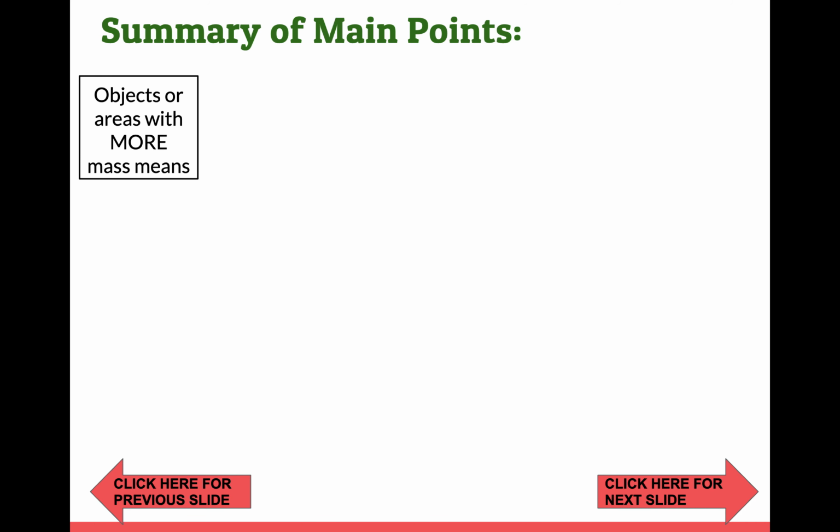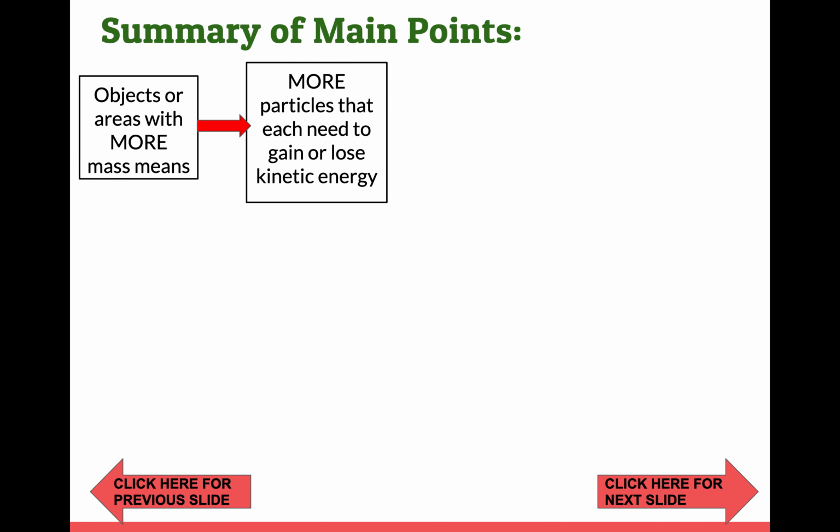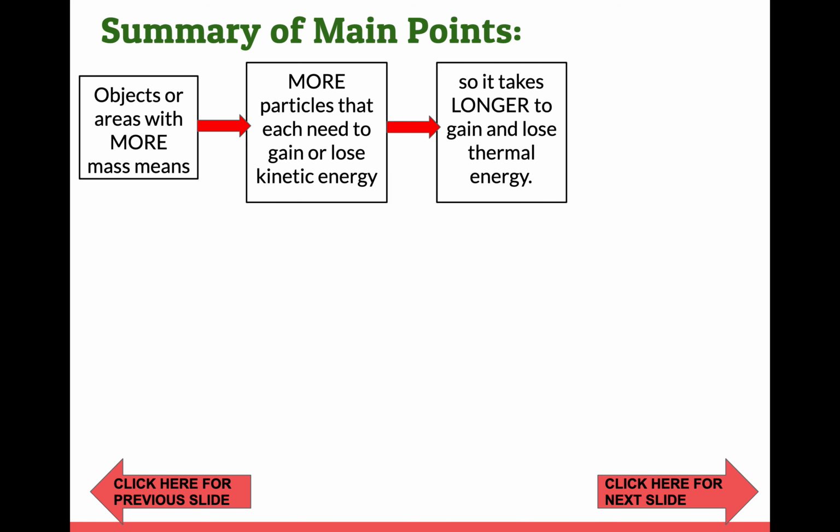So a summary. Objects or areas with more mass means more particles that each need to gain or lose kinetic energy. Remember, more mass means more particles. And that means that it takes longer to gain and lose thermal energy.